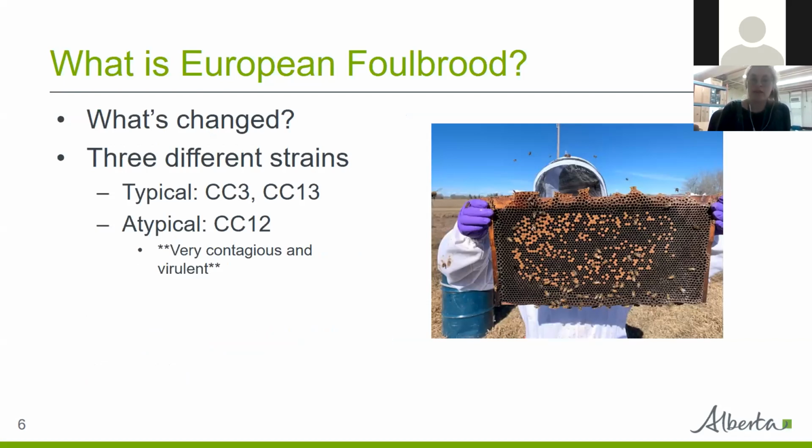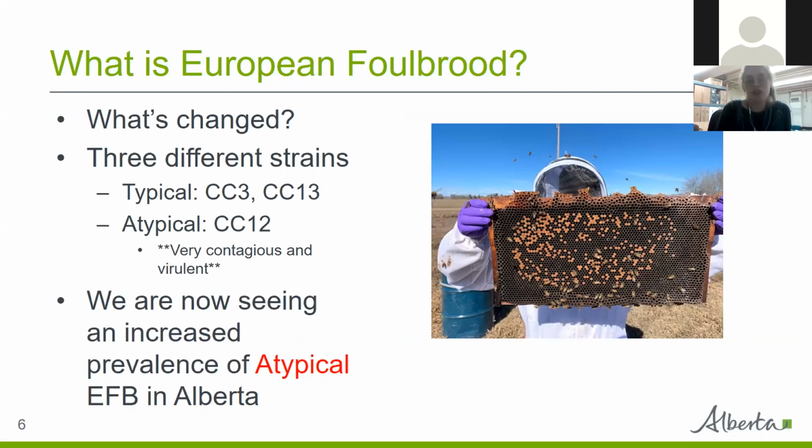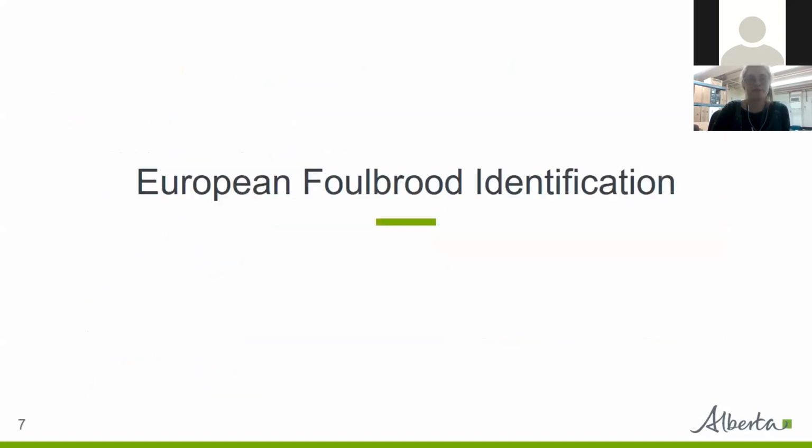This atypical strain is very contagious and very virulent. We've just gotten results back that most of the samples we've taken are actually of atypical EFB, and we think that is why we're seeing these symptoms, uncharacteristic for our region. Here's just a picture of an EFB frame. You can see the spotty brood pattern.